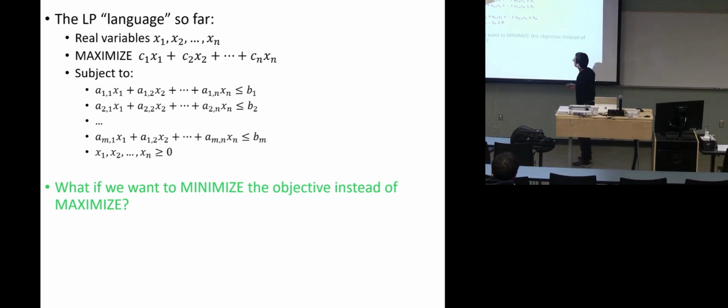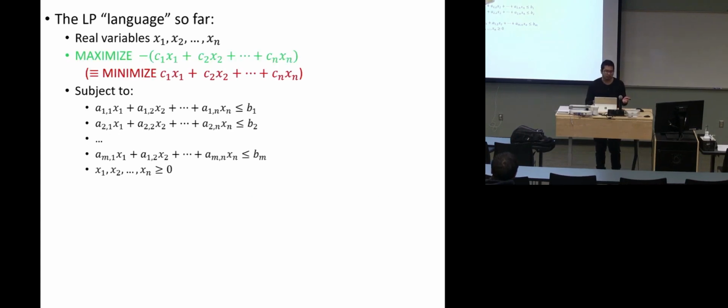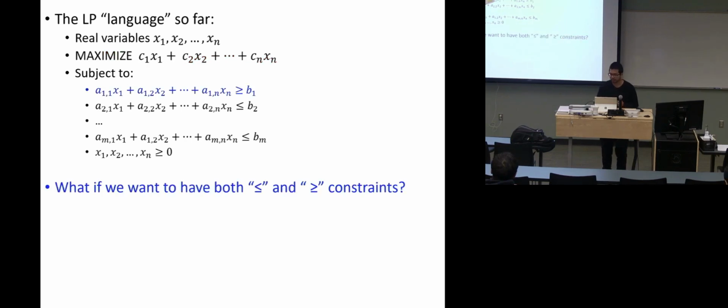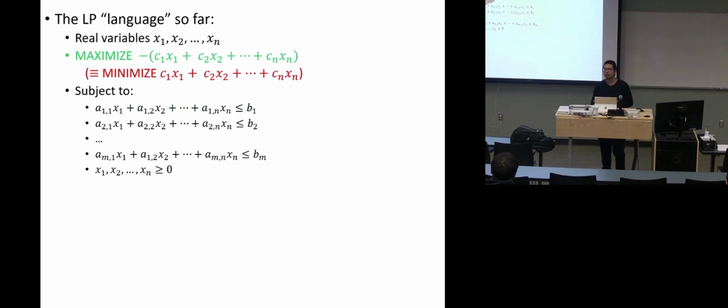How can I convert the problem into standard form? Like negative C. Yeah, exactly. If you want to minimize this, it's the same thing as maximizing the negative of what you want to minimize. So just make it a maximization again, but put a negation on the whole function. So that will work.